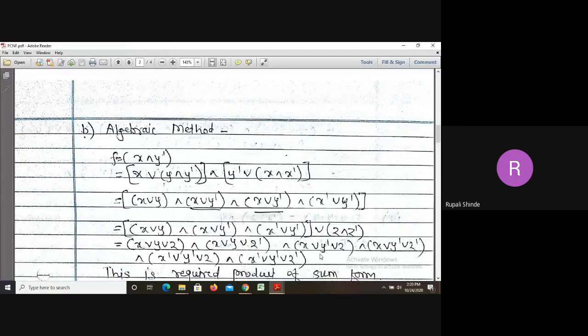Okay. So for this term, we have to add z. So again, we have to apply distributive law.